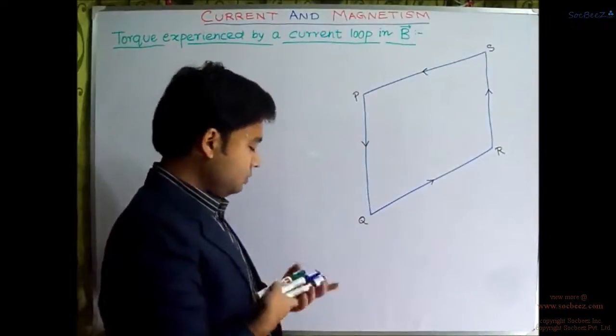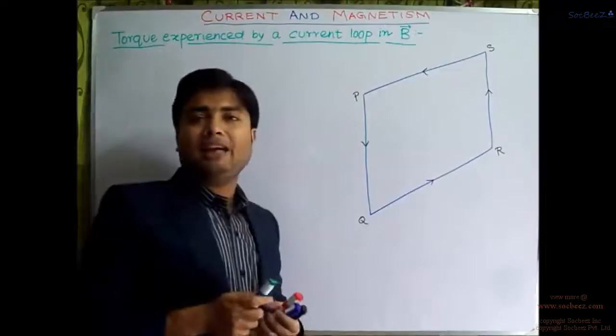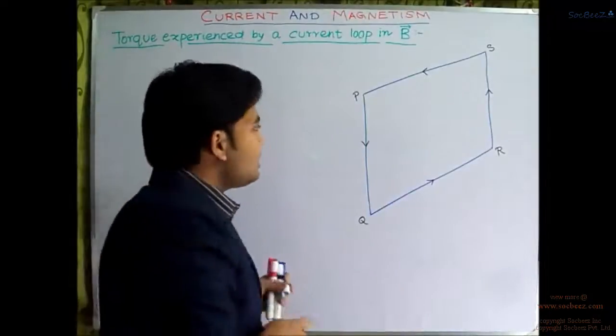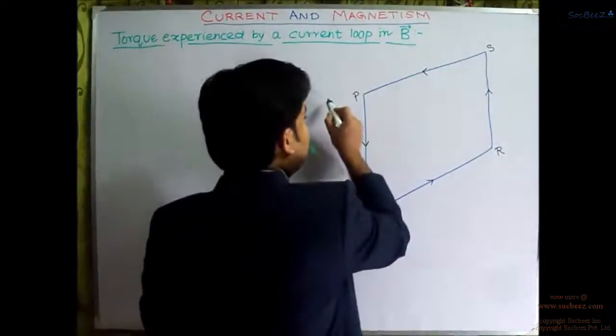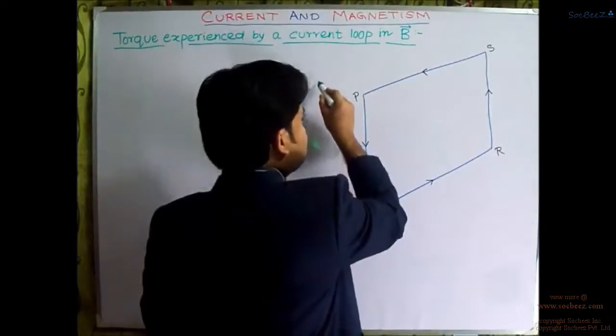Now over here the magnetic fields are present. Say, for example, the magnetic fields are like this.